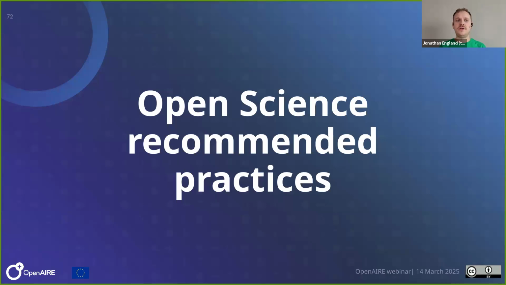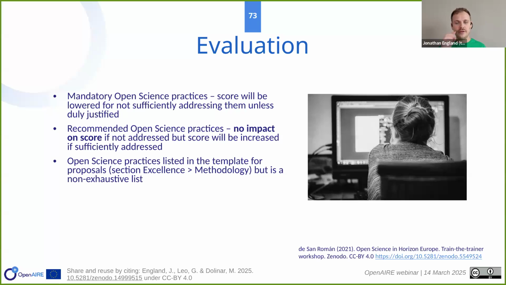There are a lot of other open science recommended practices, which I've listed here, and I will not cover them. But do bear in mind that all those open science recommended practices are not mandatory, so you will not score less for not taking them into account, but your score can only be improved if you include them.